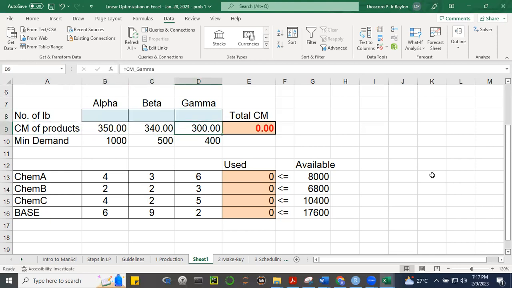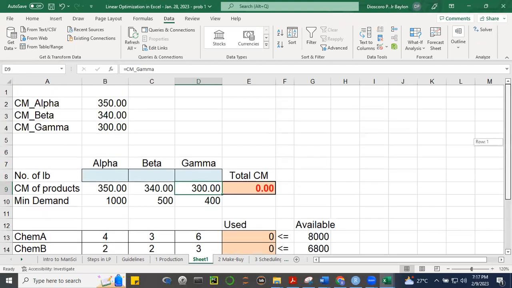It will be good, class, to design your spreadsheet in such a way that the terms that are related to each other are close to each other. Also, I mentioned that it's good that constant values are set aside in a portion of your model that you can just link to your model, so that if any value changes, you can just change this, and then automatically your model follows.